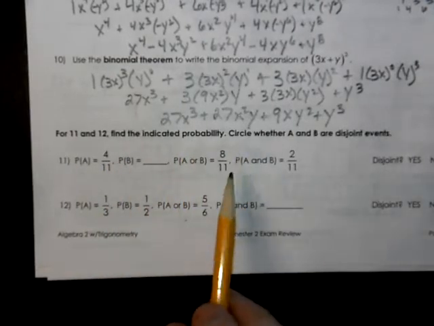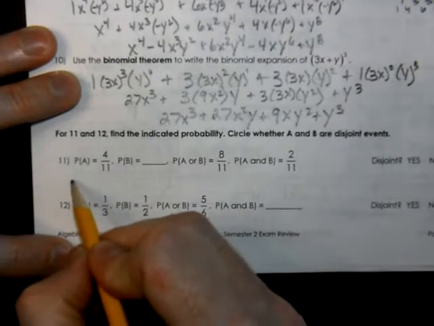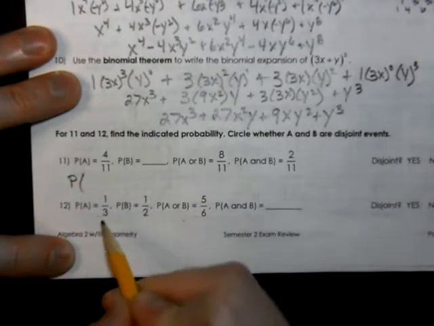Find the indicated probability. Determine if they're disjoint. Remember our formula.